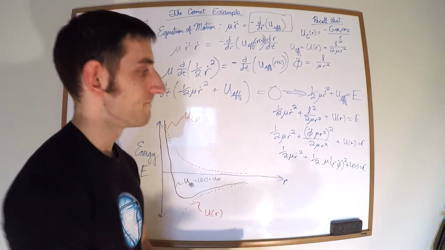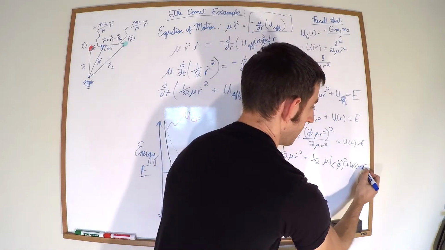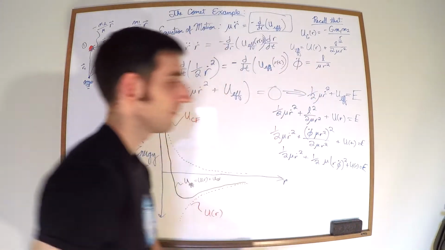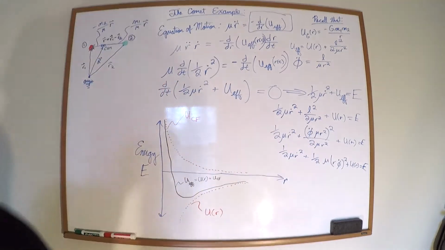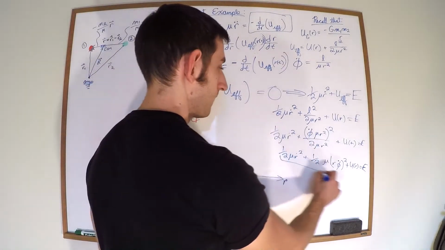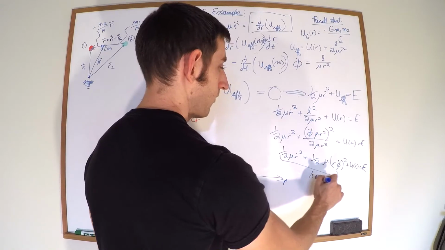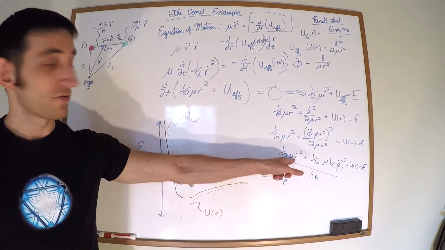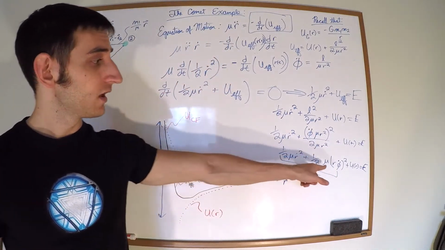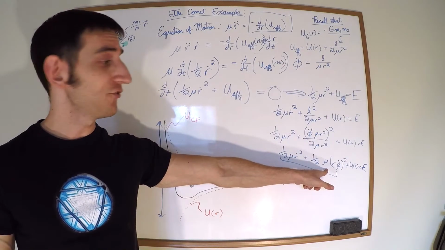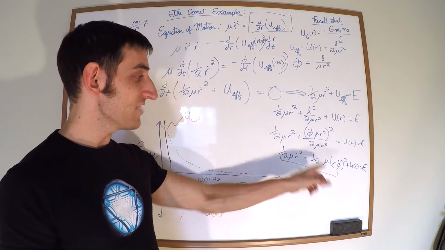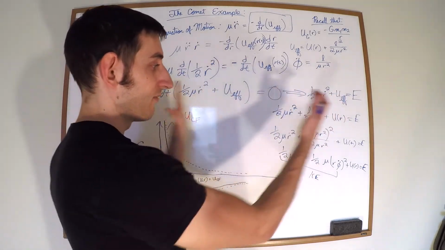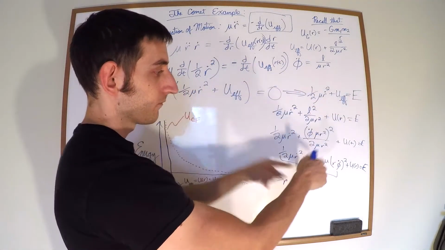So look at that. My E is messed up. Let me fix it. What we have here is just total kinetic energy. We have the translational kinetic energy, the angular kinetic energy, and the potential energy, right? This is the total kinetic energy because we have the radial motion.